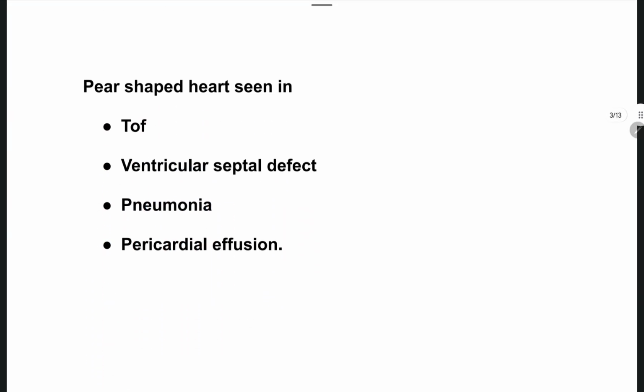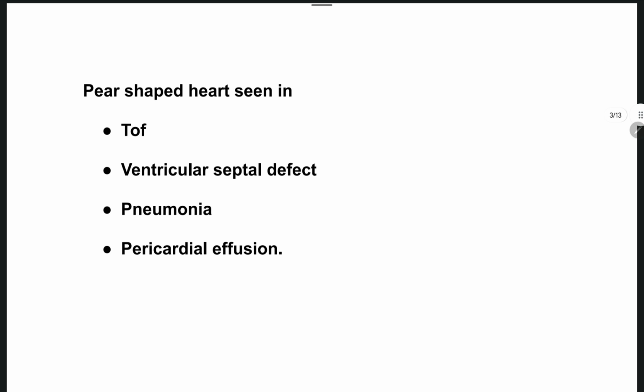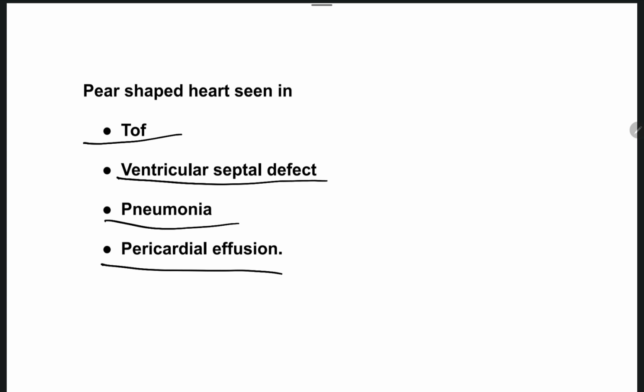The next one is: pear-shaped heart is seen in? Options are tetralogy of Fallot, ventricular septal defect, pneumonia, and pericardial effusion. So the right one is pericardial effusion.